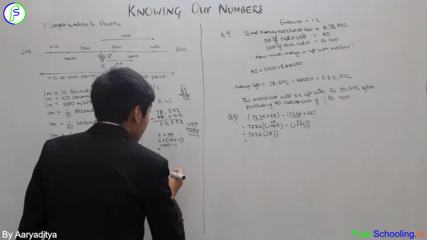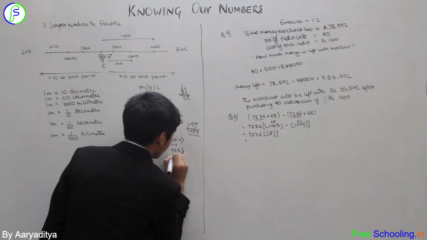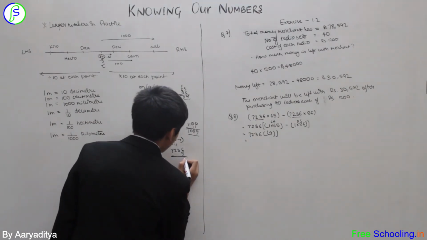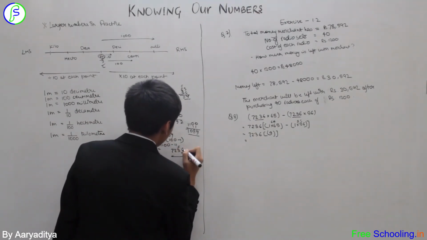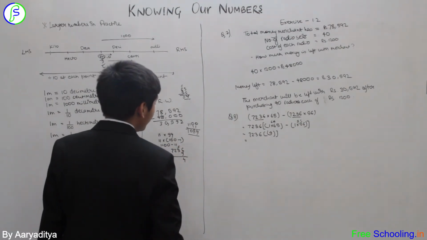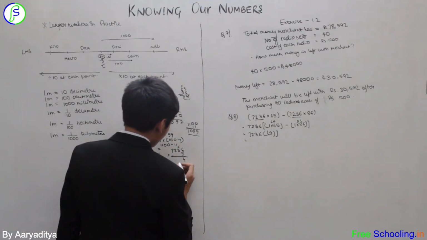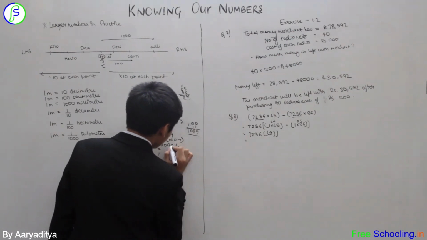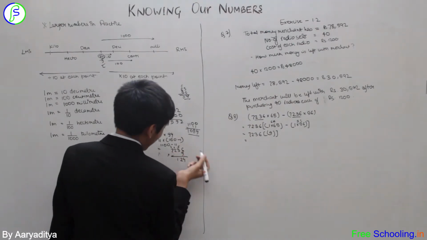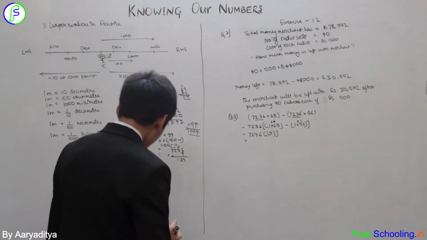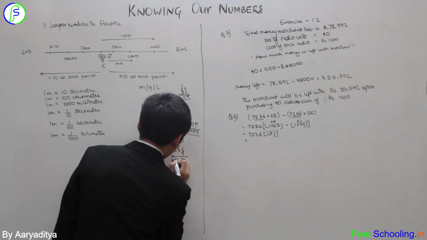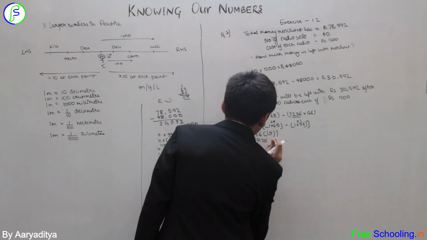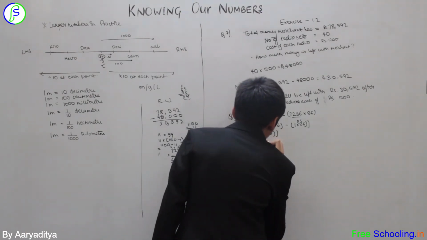Let us do it in rough again. 9 sixes are 54, write 4, carry 5. 9 threes are 27, 27 plus 5 is 32, write 2, carry 3. 9 twos are 18, plus 3 is 21, write 1, carry 2. 9 sevens are 63, plus 2 is 65. So we have 65124.